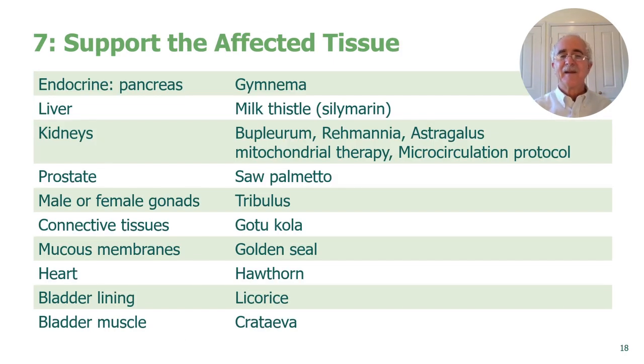And finally, number 7 is support the affected tissue. So there are a range of herbs which, based on clinical evidence, generally, I don't think there's anything there that's traditional per se. Maybe with kidneys it's more traditional, and you see it's more complex because we don't have the one kidney protecting restorative herb.